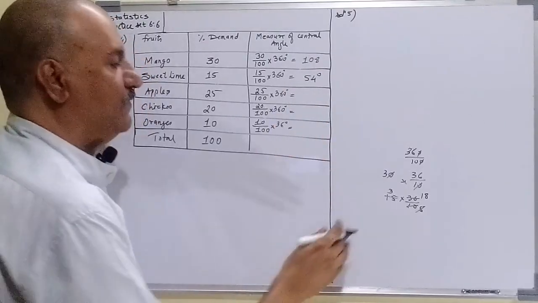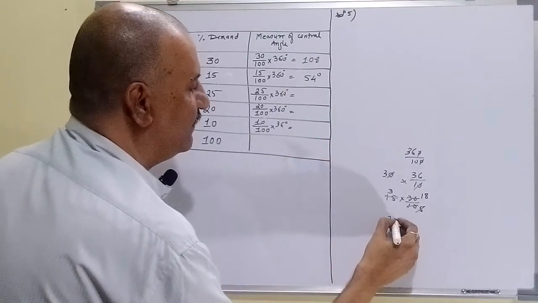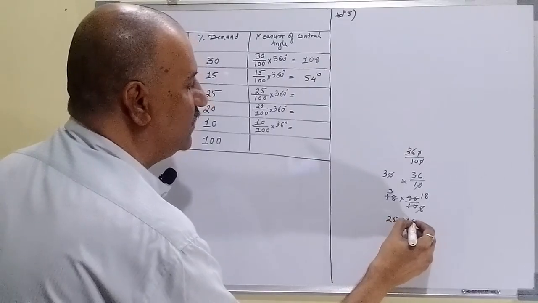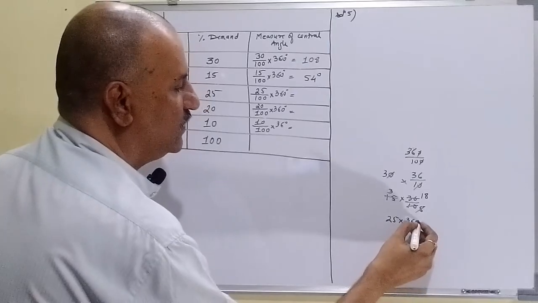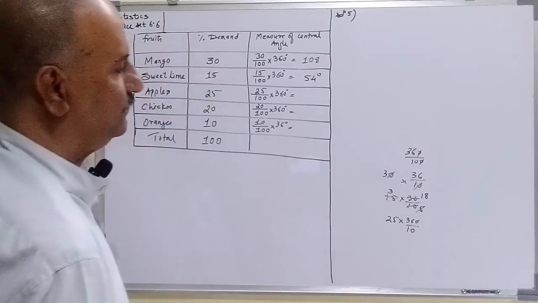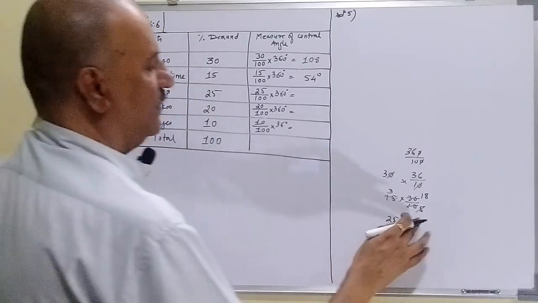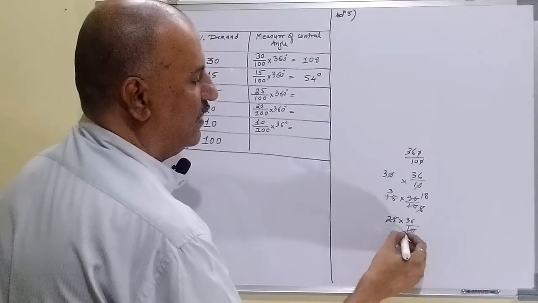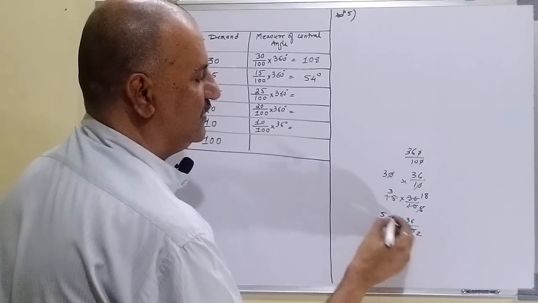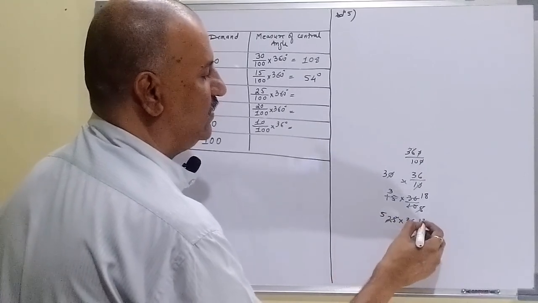degrees. Next है 25 into 360 upon common ratio 10. तो ये 0 गया, 36 common ratio 5, 5 2 जा 5, 5 जा 2.